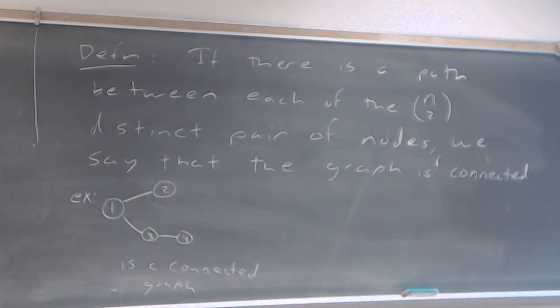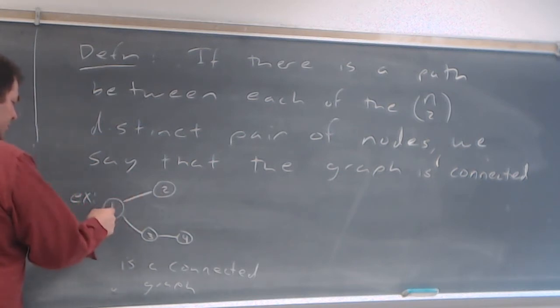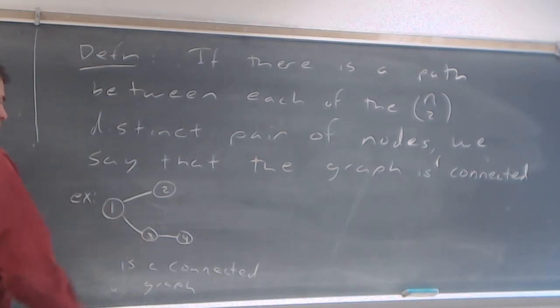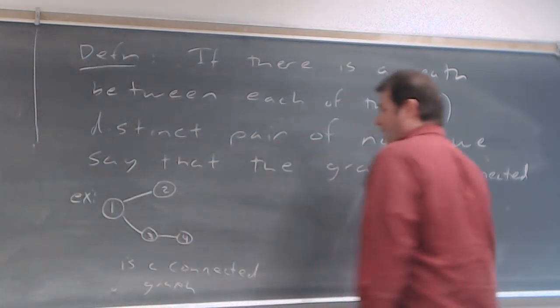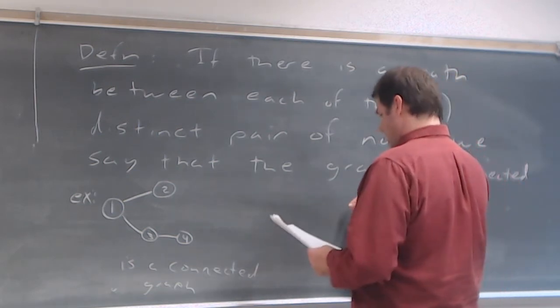And the reason that it's connected is from any 2 nodes, I can get there through a path. So from 2 to 3, I can get there by going from 2 to 1 and then 1 to 3 along that arc. And so that's true for any pairs of nodes that we have here. So that is a connected graph.